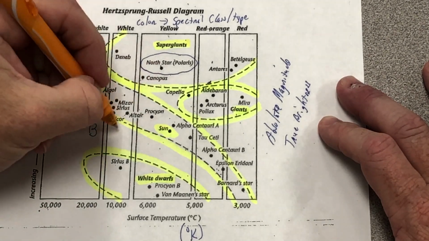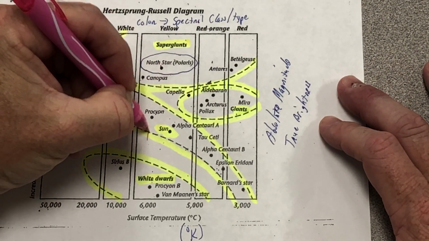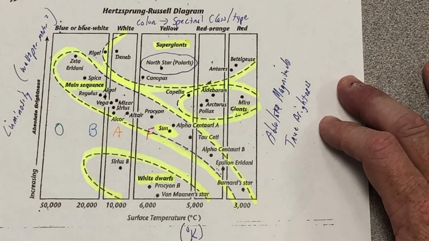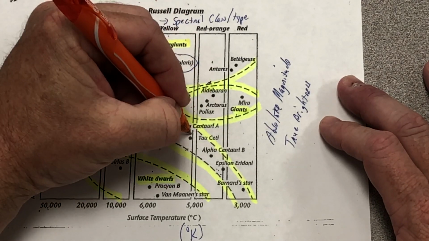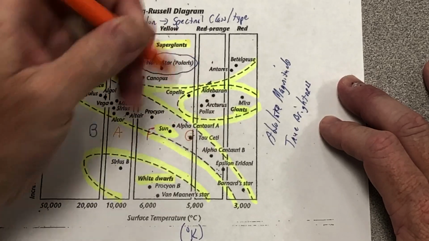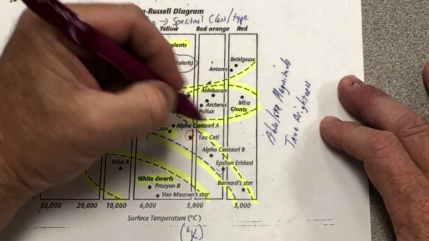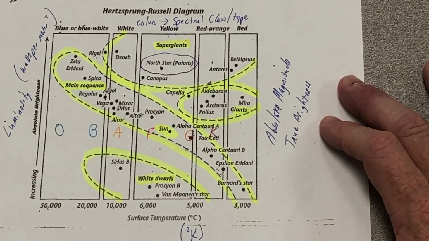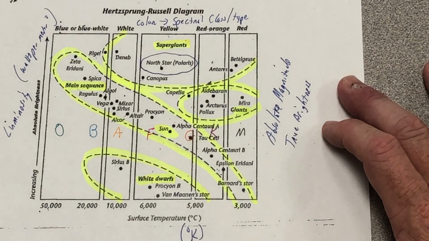Then right here is an A. Then an F right here. Sometimes you'll get a G in this area here. Then we get a K right in here. And then finally we get an M over in this direction here, okay?